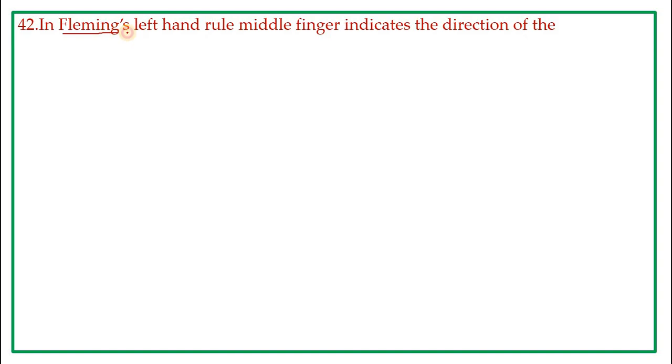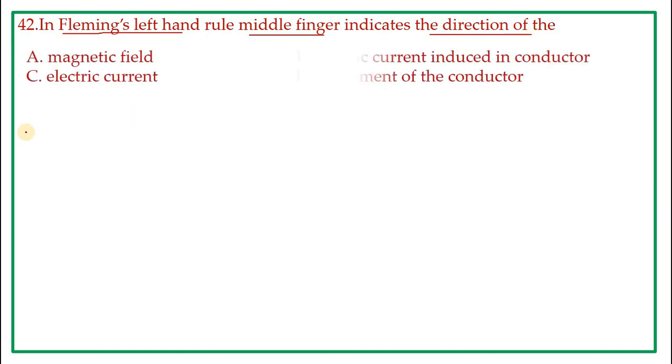Move on to the next question, children. In Fleming's left hand rule, the middle finger indicates the direction of: the options are magnetic field, electric current induced in conductor, electric current, movement of the conductor.